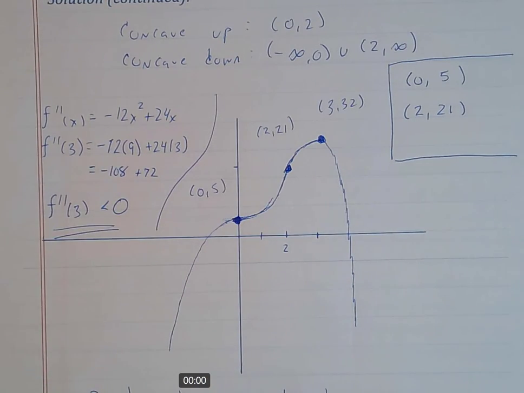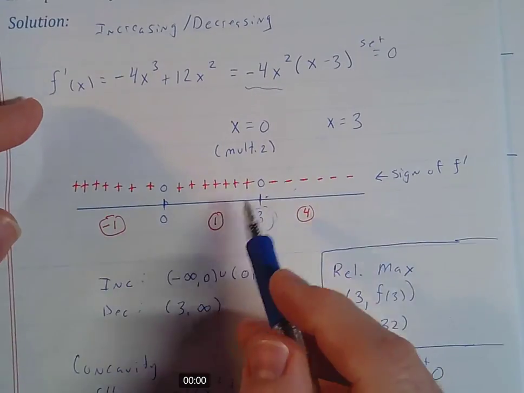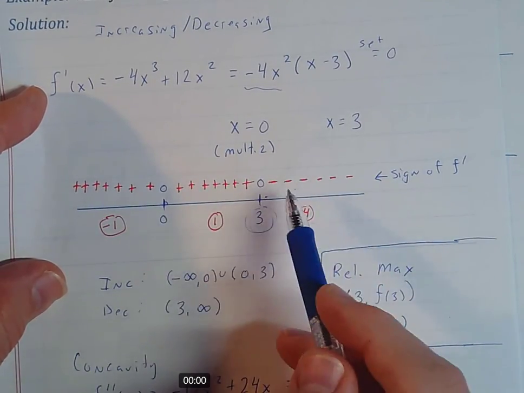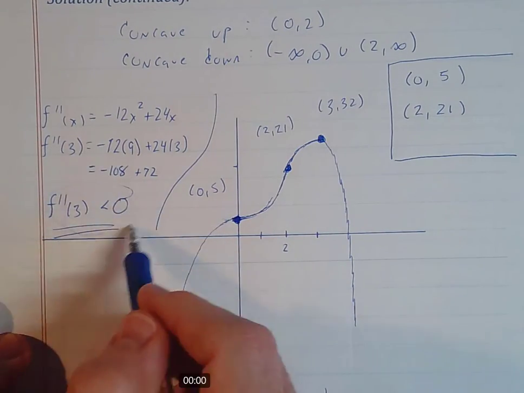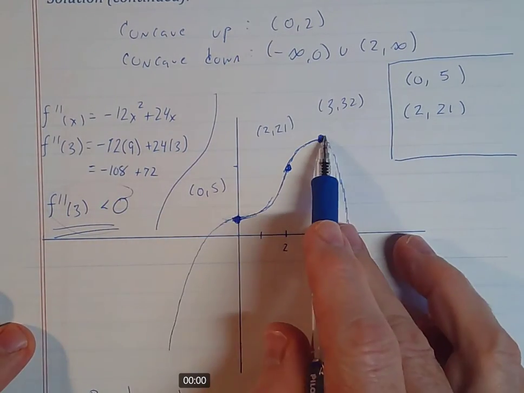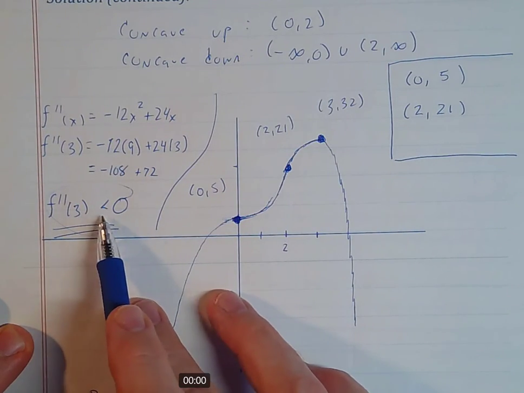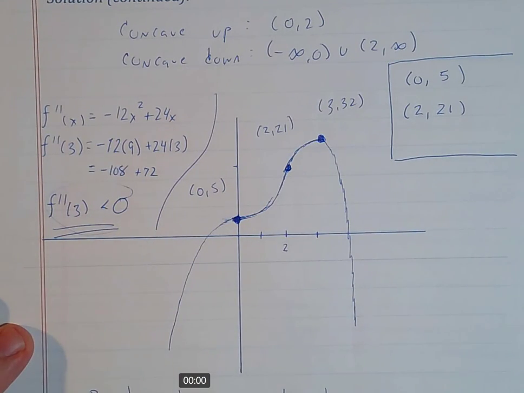And remember that the second derivative test also tells you about relative maxes and mins. So if we didn't have this information over here, or maybe we just skipped over that and didn't point out that that was a relative max, we could have gotten that information from right here. We've got a critical number, we've got a horizontal tangent line, and the second derivative is negative there.